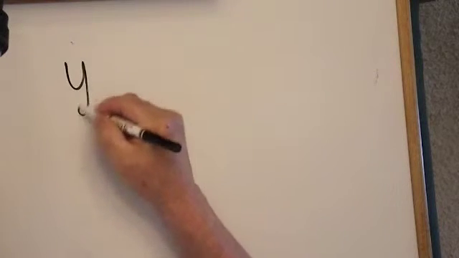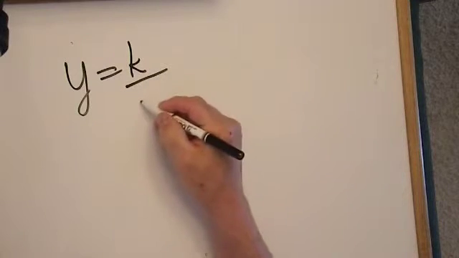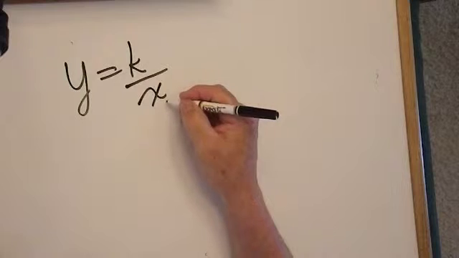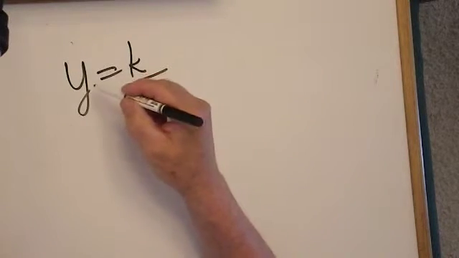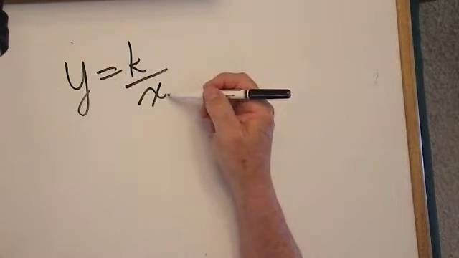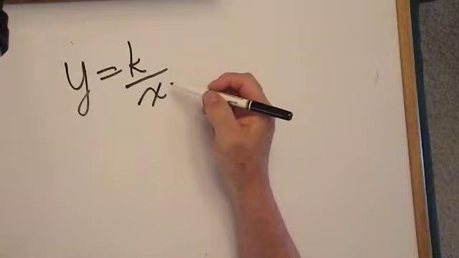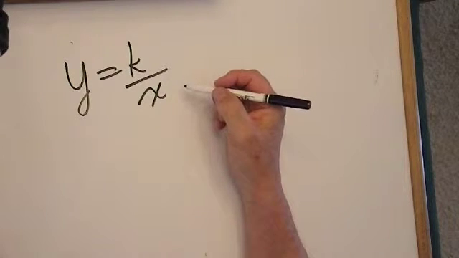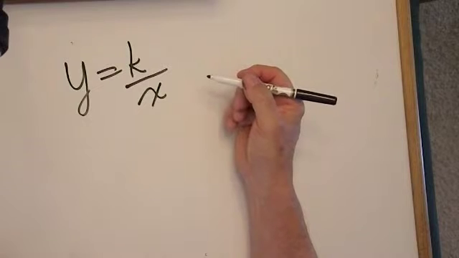So if we've got an equation y equals a constant divided by another variable, in other words the inverse of the variable, then this variable varies inversely as the other. So y varies inversely as x. As the value of one of these variables increases, the value of the other will decrease.